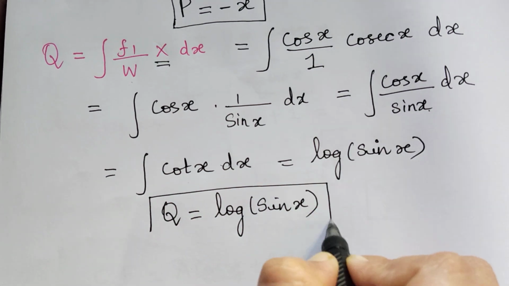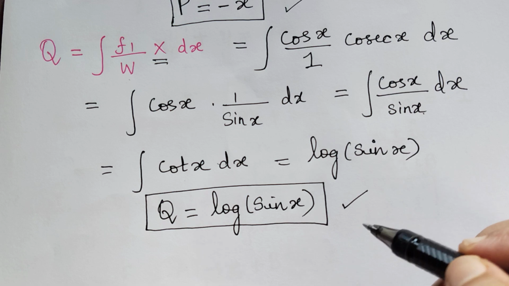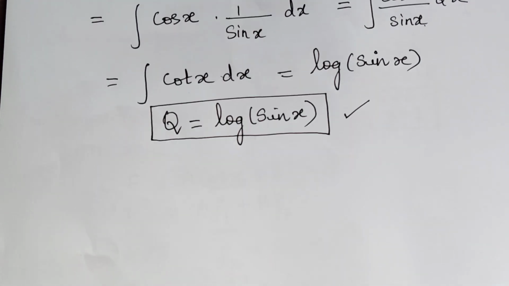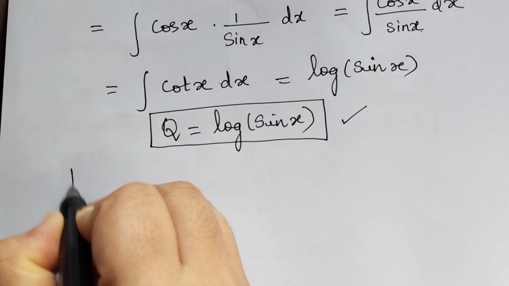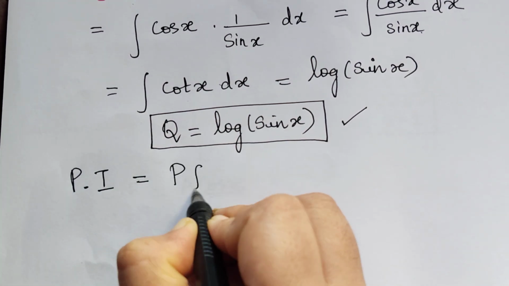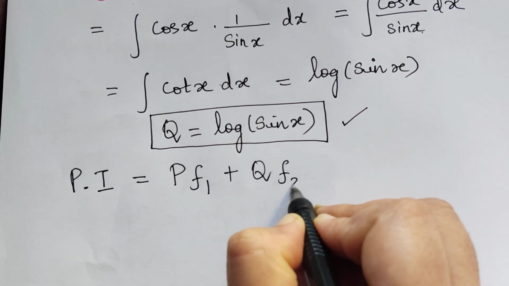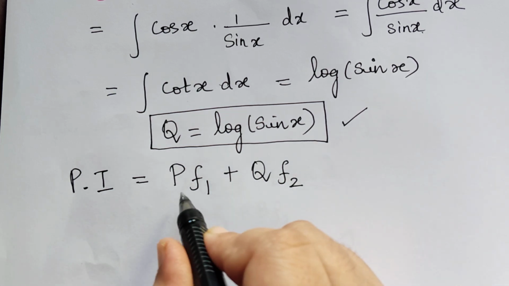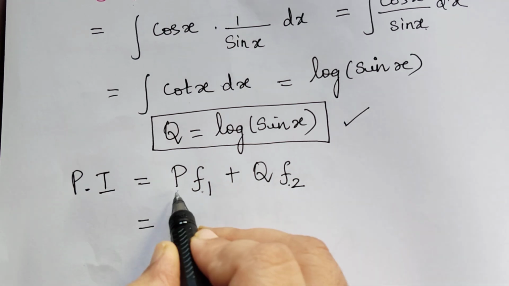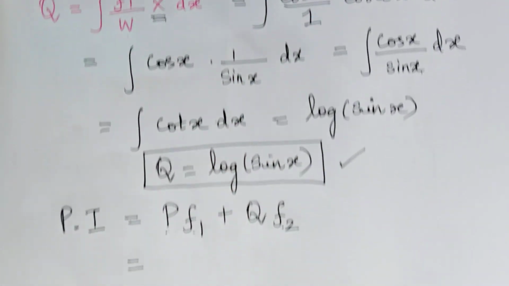Now after finding the value of P and the value of Q, we have to substitute these two values in the particular integral by the method of variation of parameters. The particular integral is given by capital P multiplied with f1 plus capital Q multiplied with f2. So we shall substitute all of these now. What is capital P? We have evaluated it to be negative x.